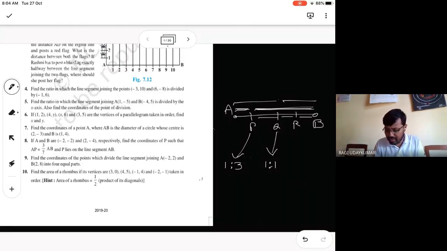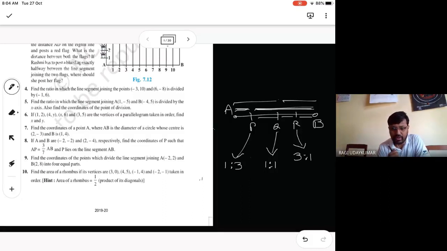Now for point R, in what ratio does point R divide AB? Yes, very good, 3:1. So in this ninth question you have to write: let P, Q, R divide the line AB into 4 equal parts.